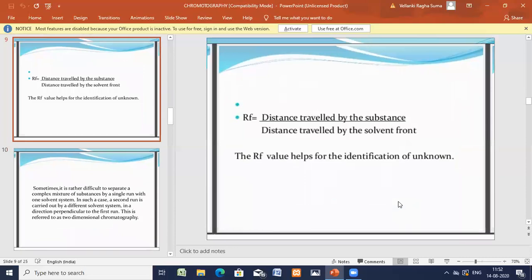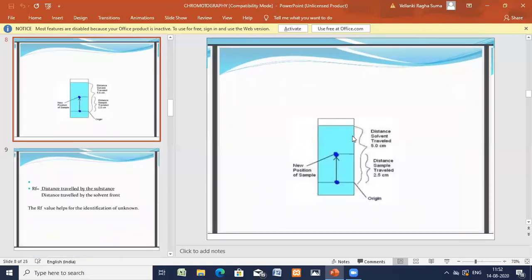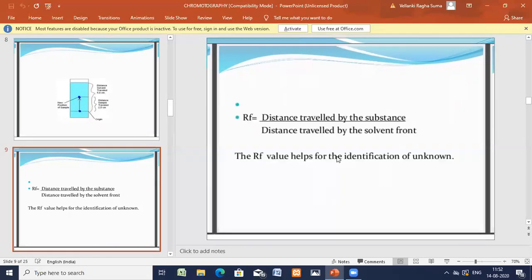The distance traveled by the substance to the distance traveled by the solvent. Here, this is the solvent distance, this is the solute distance. So, that ratio is called RF value. Distance traveled by the substance divided by distance traveled by the solvent front is called the RF value, the retardation factor.